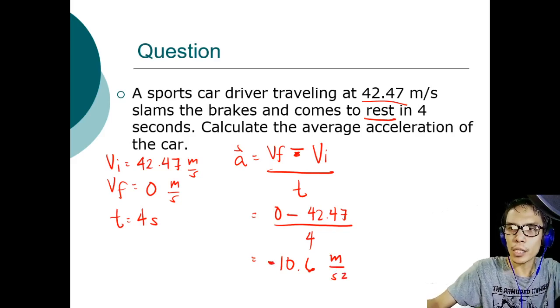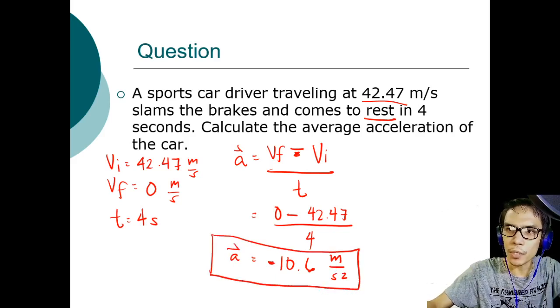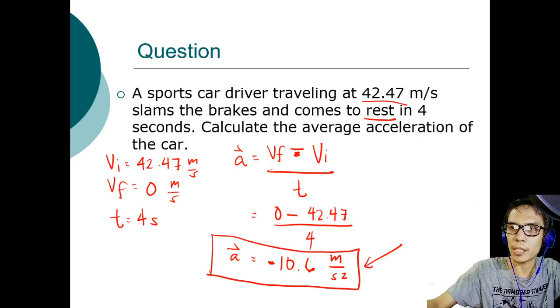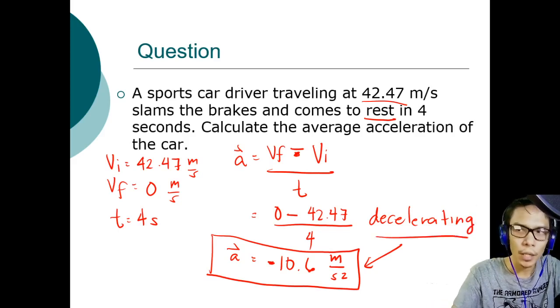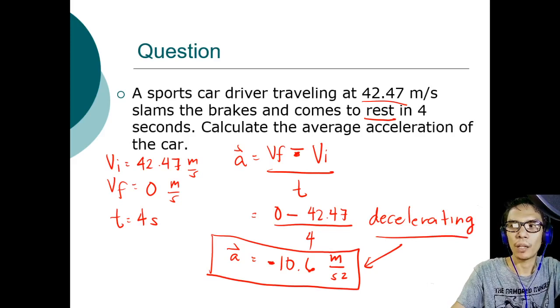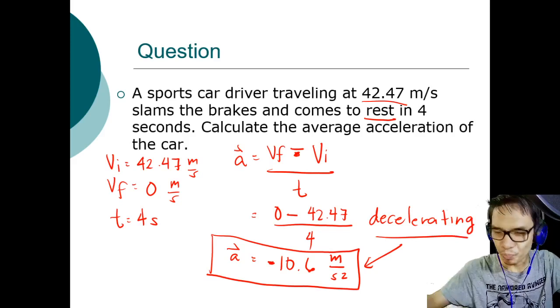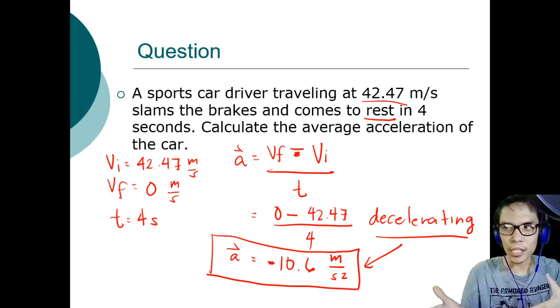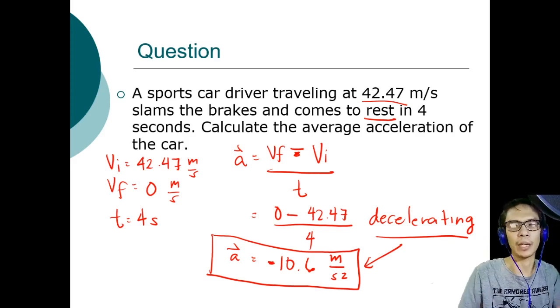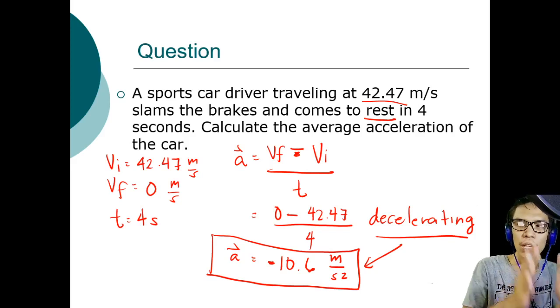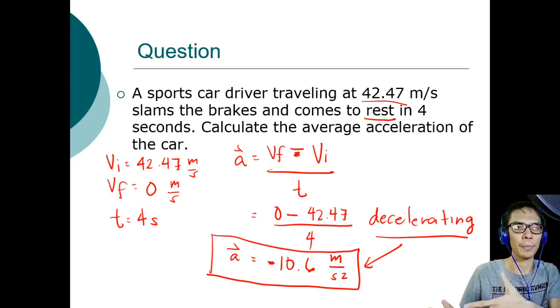Negative. So what is the negative sign all about? The negative sign in this answer tells us that the object is decelerating. This is the opposite of acceleration: deceleration. It means that the object is going to rest, going from traveling faster to stopping, so it decreases its velocity over time.